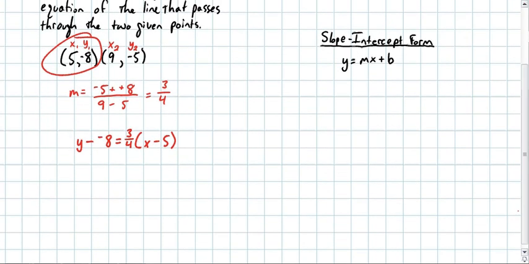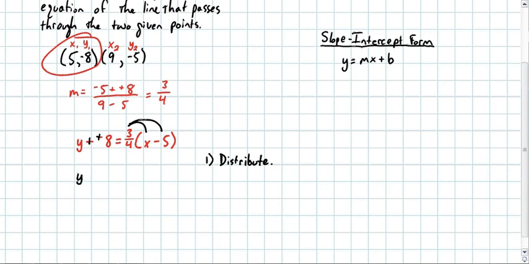I have to do the 2 steps that we talked about in class. The first one was to distribute. So I'm going to do that first. I'm going to have to distribute this 3/4. And while I'm doing that, I may as well take care of these double negatives too, because I hate them. So let's get those out of there.